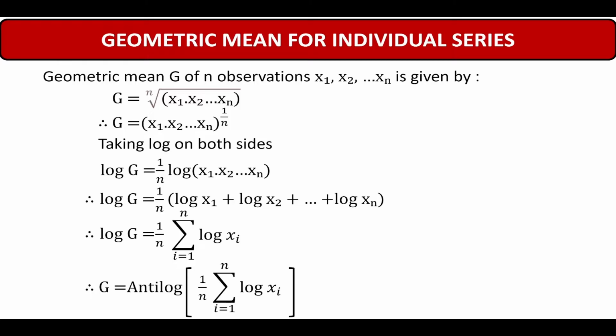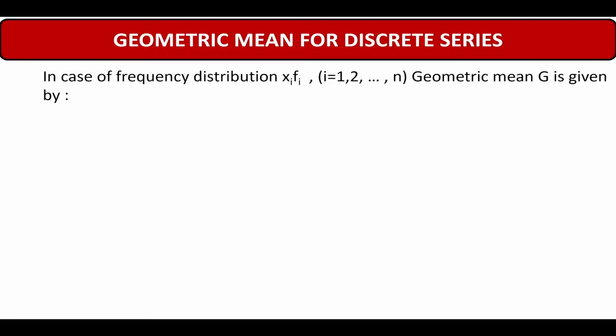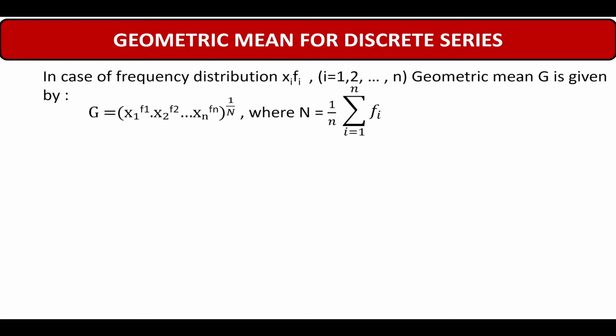Now let us see for discrete series. In case of discrete series, if the frequency distribution is xi, fi, where i ranges from 1, 2 and so on up to n, the geometric mean G is given by G equal to x1 raised to f1 multiplied by x2 raised to f2 and so on up to xn raised to fn, and the whole raised to 1 by N, where N is equal to summation of i equals 1 to n fi.